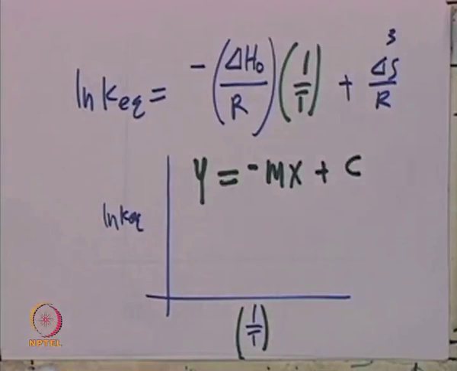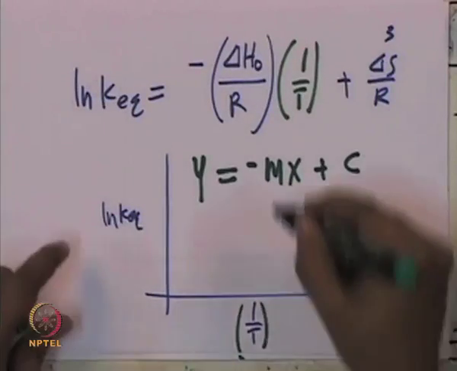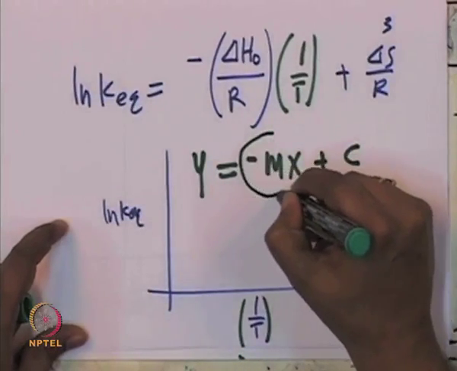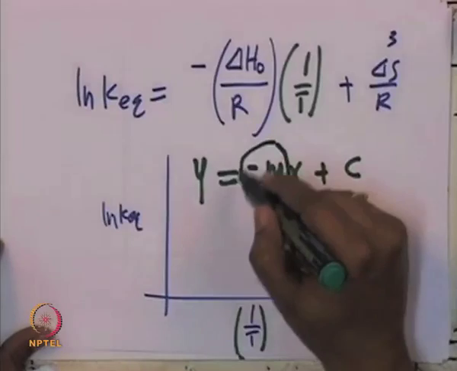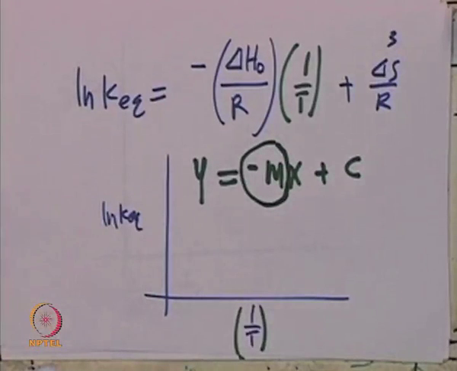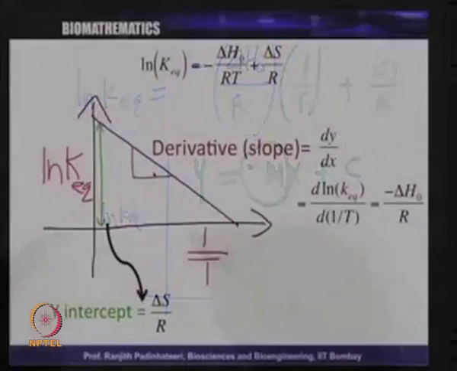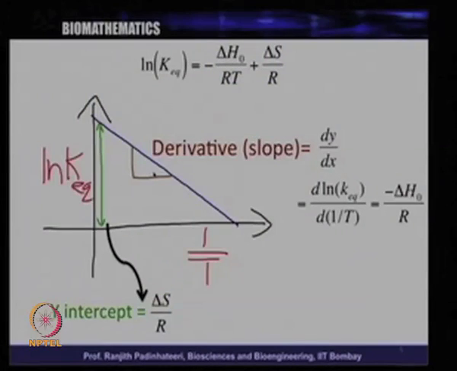So, this is a straight line with a slope of minus m, as you all know. This equation essentially gives a straight line with a negative slope, and that is what you have in this graph.